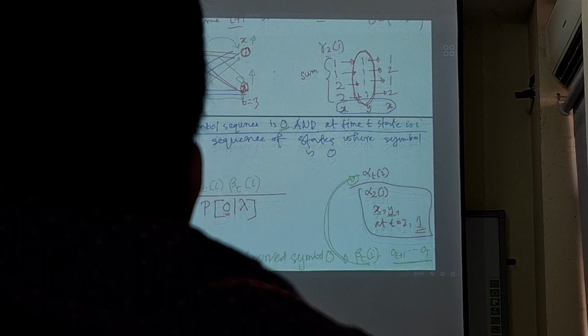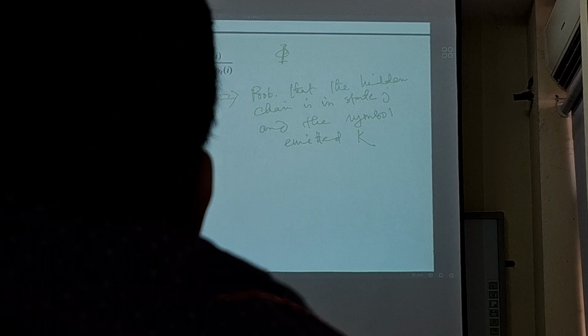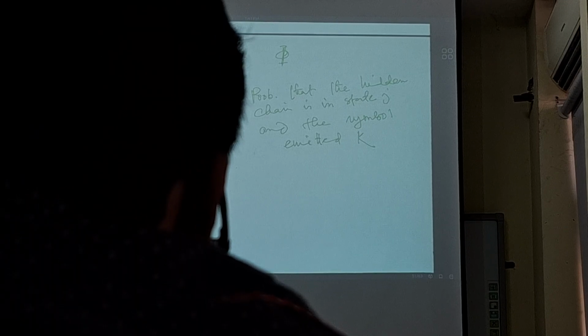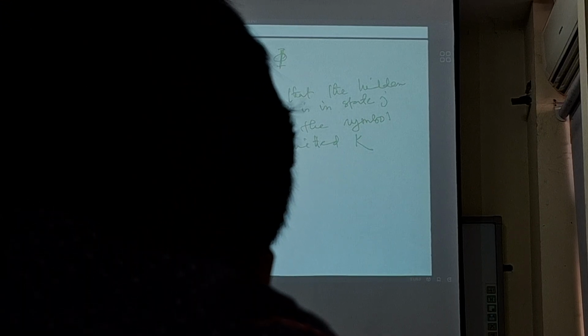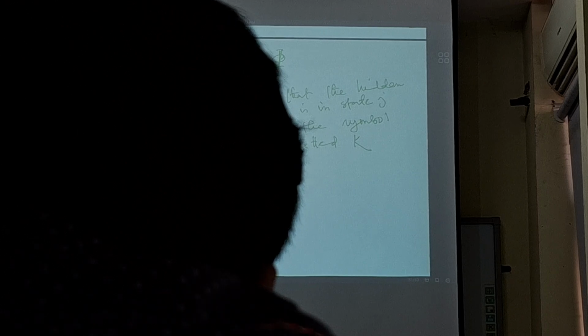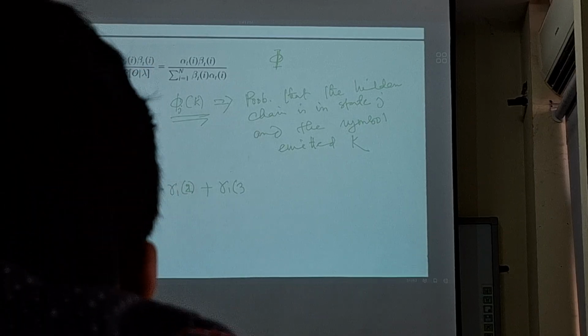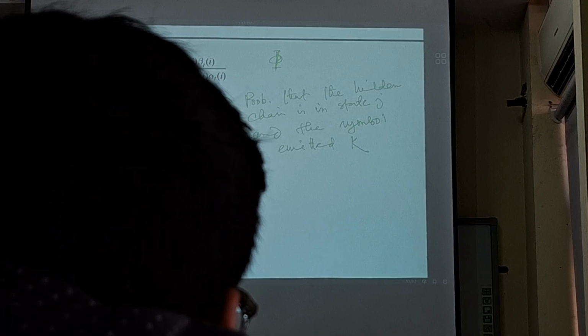Now, if we add gamma 1 1 plus gamma 1 2 plus gamma 1 3, what is this sum representing?